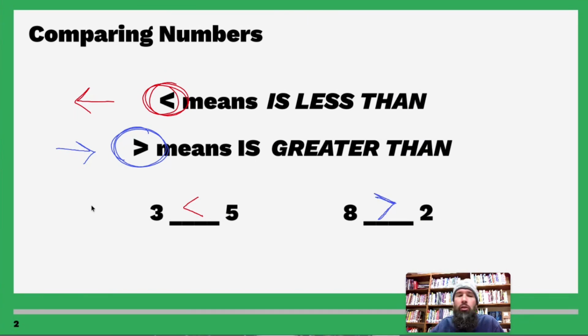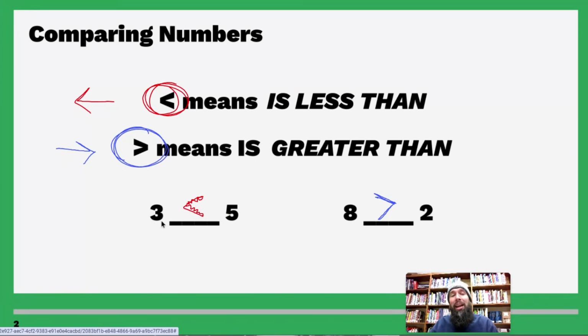Now, a lot of teachers like to pretend that these little symbols are little alligators, and the alligators always eat the larger numbers. So which one's larger, 3 or 5? 5 is larger, so the alligator is going to eat the 5 because the alligator is hungry. Did I say alligator? I love it. It was an accident.